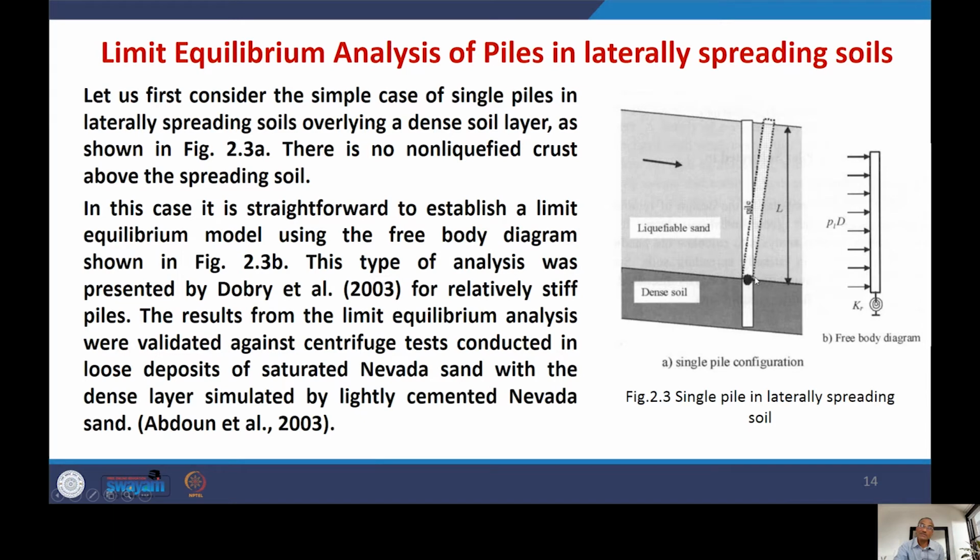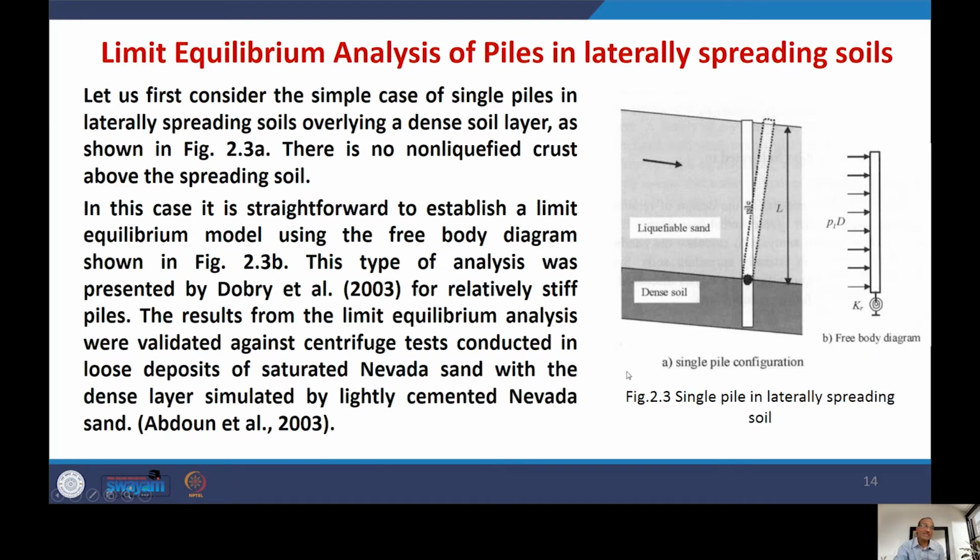When you have this kind of scenario, the length of the liquefiable sand is shown here as capital L. In this case, it is straightforward to establish a limit equilibrium model using what is called the free body diagram, which is shown in figure 2.3b. This type of analysis was earlier presented by Dobry et al. in 2003.